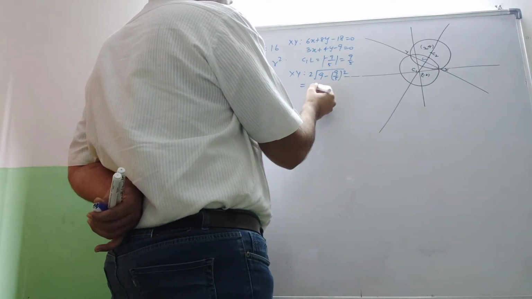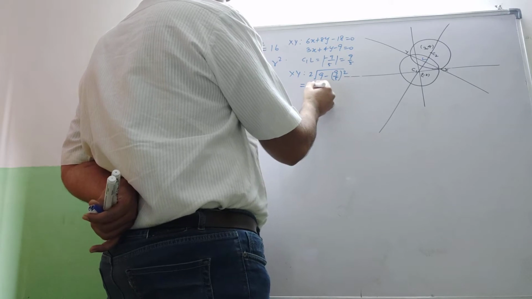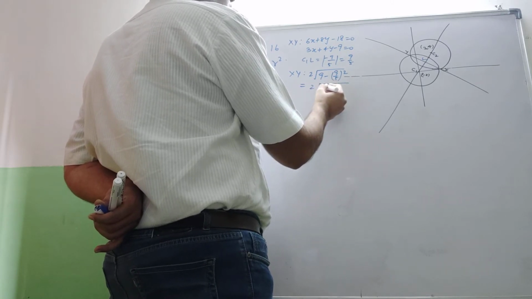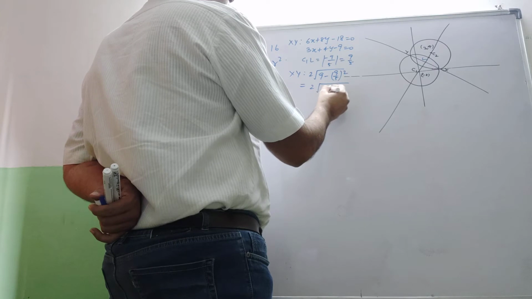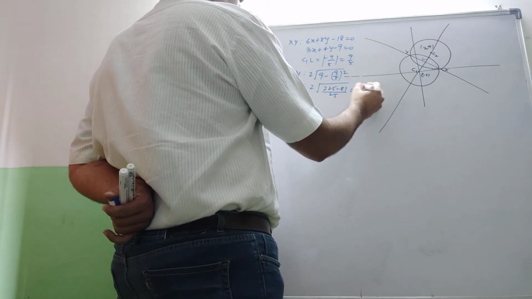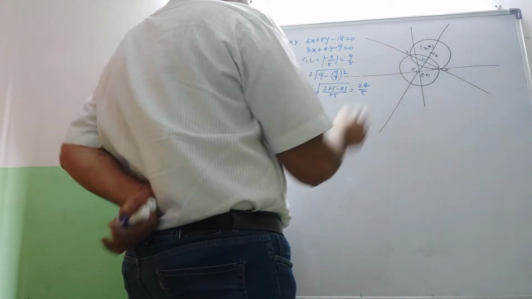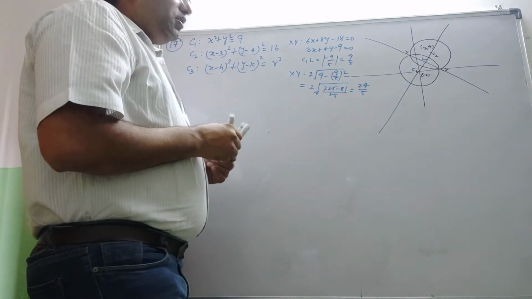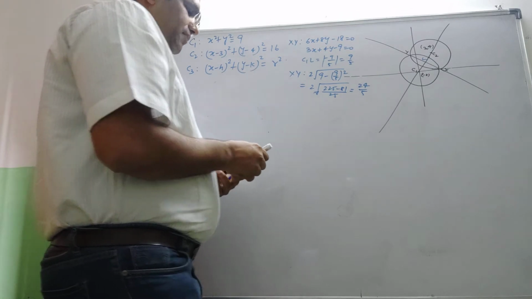It will come out to be 2 into the square root of (225 minus 81) by 25, that is 24 by 5. This is the length of the chord XY.